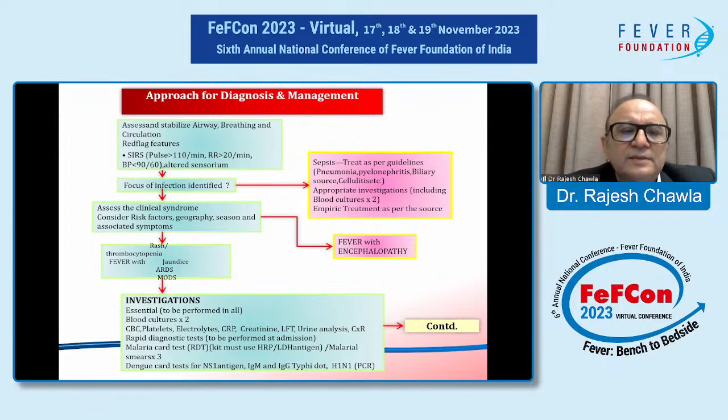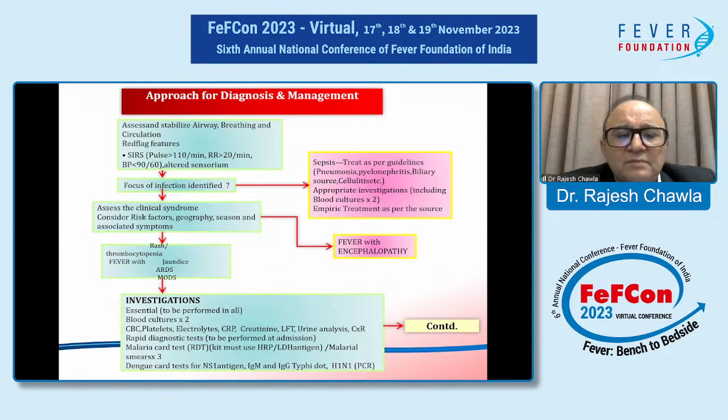That's very easy. Now, you have not been able to identify the focus of infection, but you are able to identify the clinical syndrome. Consider the risk factors, geography, season, and associated symptoms, like a rash, thrombocytopenia, fever with jaundice, ARDS. Then you send the essential investigations which I have enumerated, blood culture and all other blood investigations.